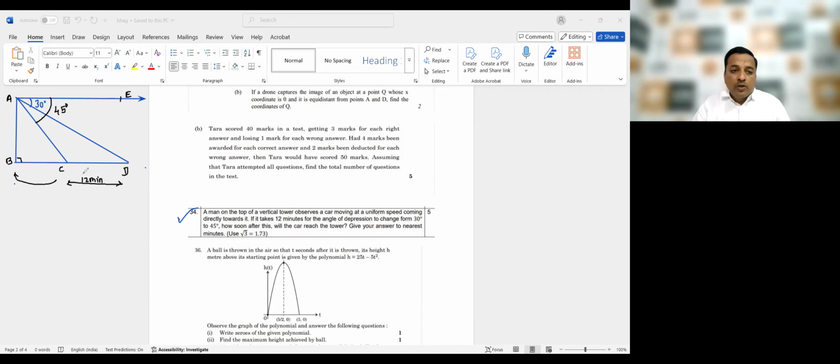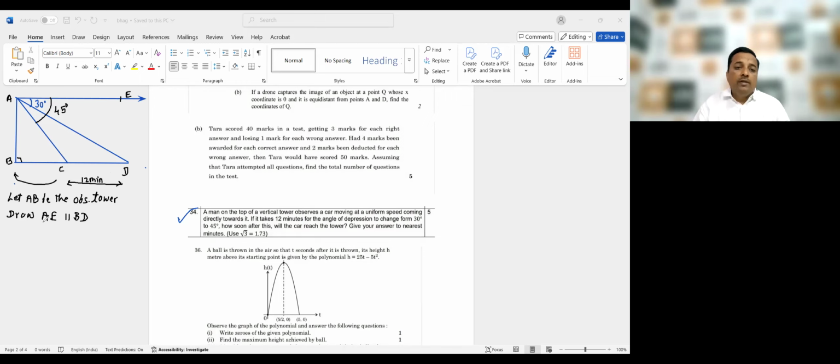Okay, so we'll do it now. First write: let AB be the observation tower. Deshna, just mute yourself, okay? AB is the observation tower. Then we have to draw AE parallel to BD.